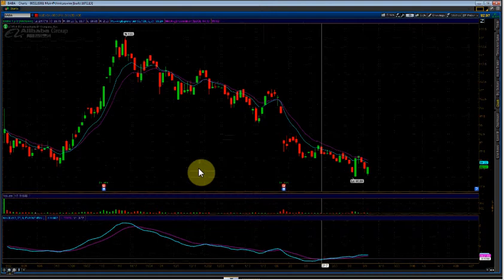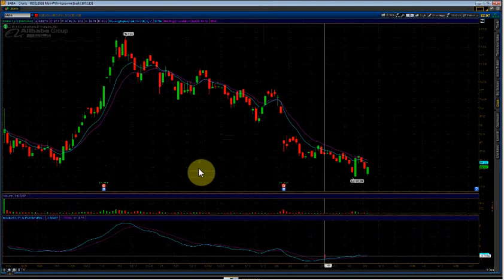Well, my MACD said to buy on the 18th at 86.74. Did my exponential moving averages on my chart also tell me the same thing?